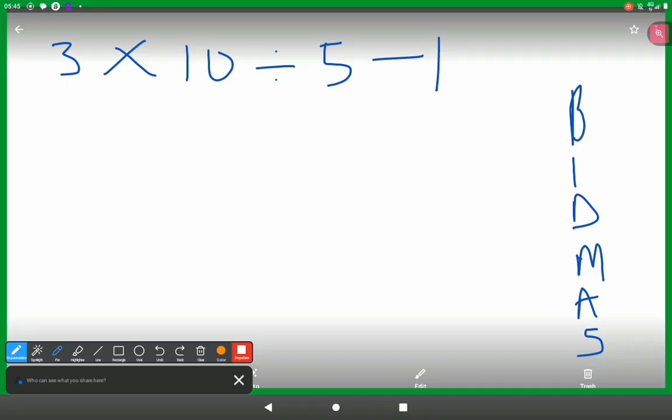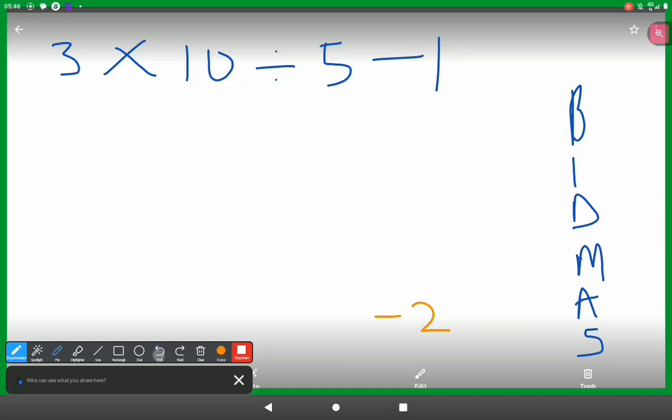The sign in front of a figure or before a figure, the figure owns the sign. What I mean is that if I have minus 2, the owner of the minus is the 2. So if I have 4 plus 3, the owner of the plus belongs to the 3, not 4. So that's what I mean by the figure in front of the sign owns the sign.